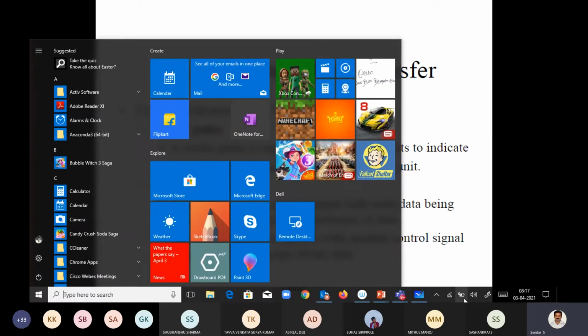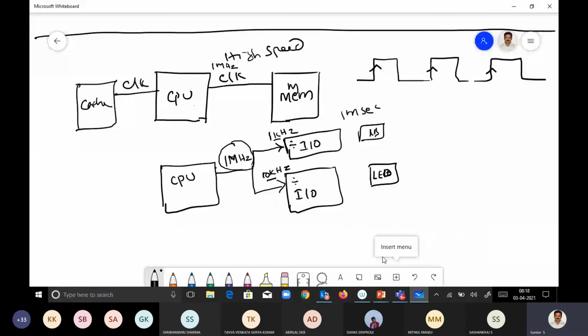Let me take case by case. In case 1, it's their own clock, right? This 1 kilohertz clock is used for this device, for example. This value must be known to the CPU for this particular device. So according to that time it can work.